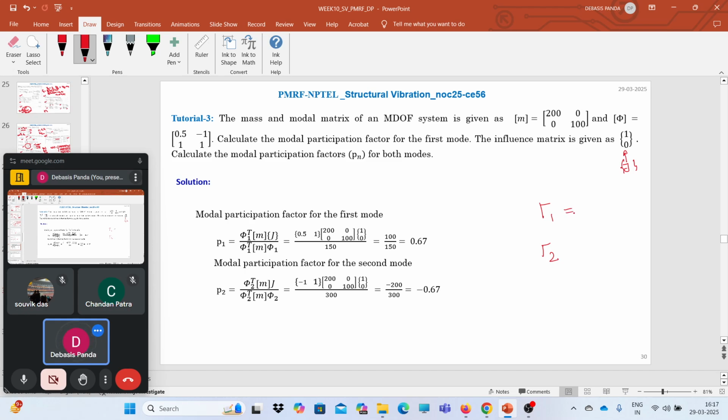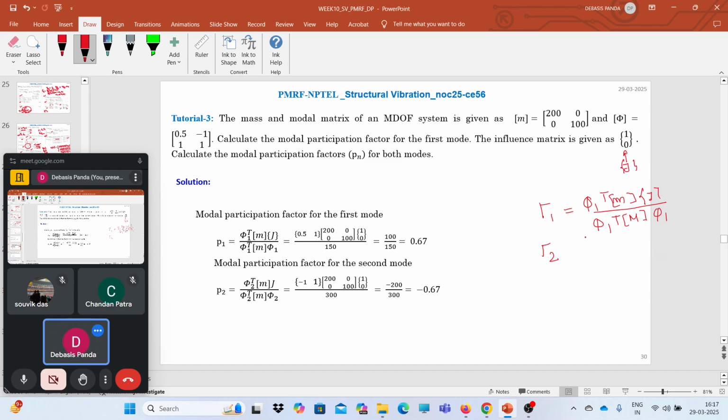What do you know? The modal participation factor for the first mode will be phi 1 transpose M into R or J, your influence vector, divided by phi 1 transpose M phi 1, right?